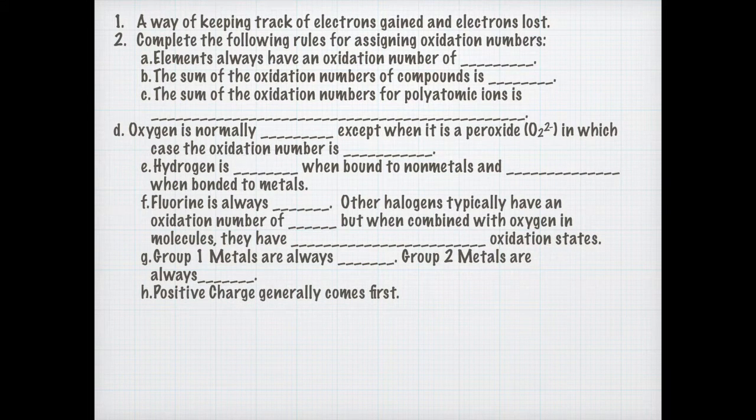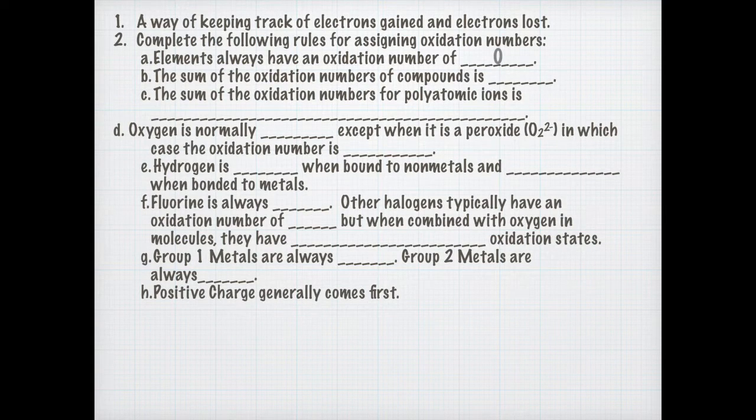So in order to understand what's being oxidized and what's reduced, in order to understand charge, we need to talk about oxidation numbers. Okay? And so oxidation numbers are simply a way of keeping track of electrons that are gained or lost. So here are some basic rules. And what you'll find is that for a lot of the basic elements, oxidation numbers are very similar to charge, which you've already learned. So elements, atoms that are by themselves, they have no charge, and also their oxidation number is 0.